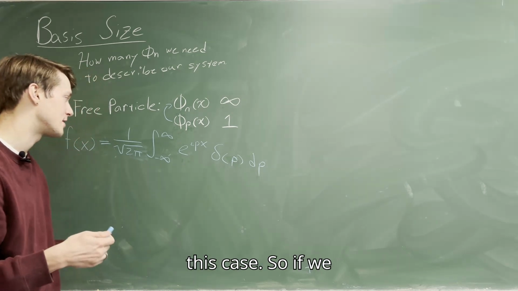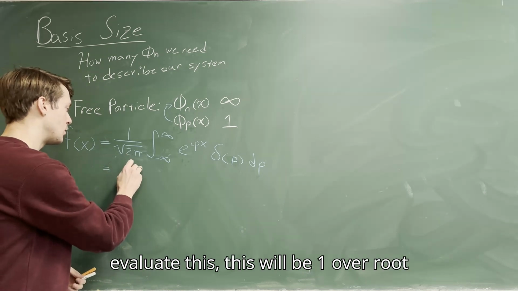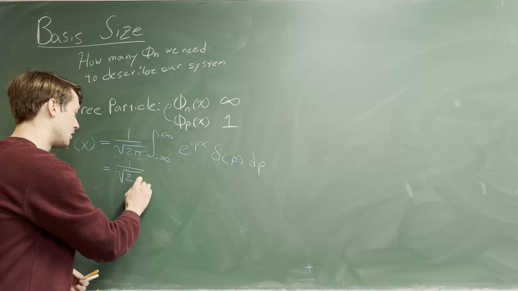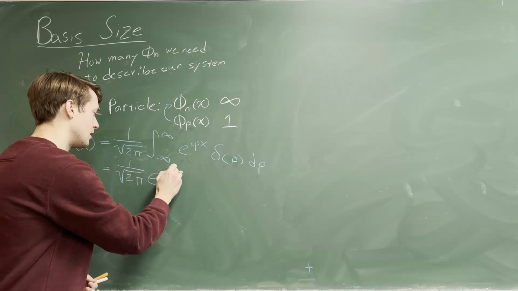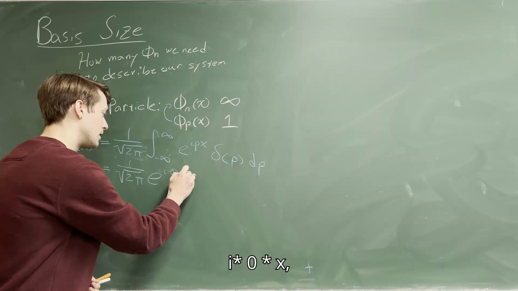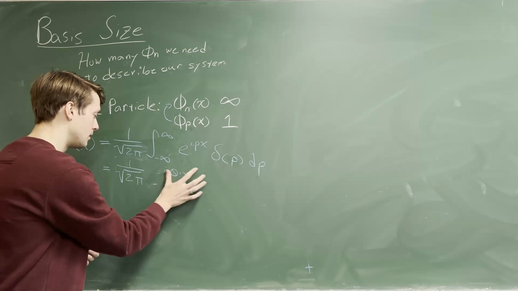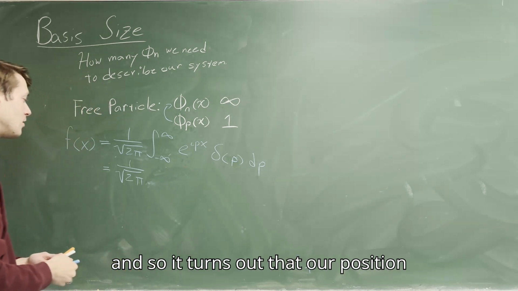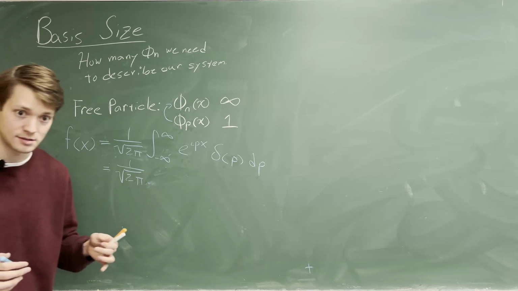It's 0 in this case. So if we evaluate this, this will be 1 over root 2 pi times e to the i times 0 times x. E to the 0 is just 1. And so it turns out that our position space representation is a constant.